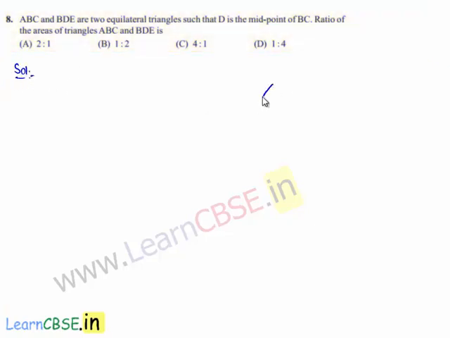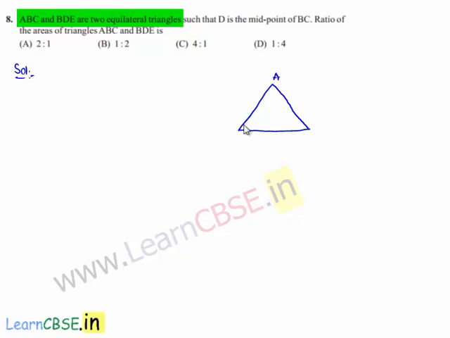He has given a triangle ABC, an equilateral triangle in which AB is equal to BC is equal to CA, and he says D is the midpoint of BC and triangle BDE is formed such that it is also an equilateral triangle.